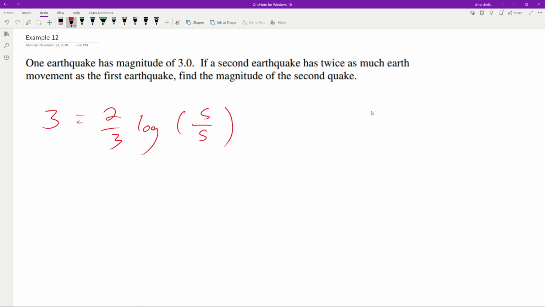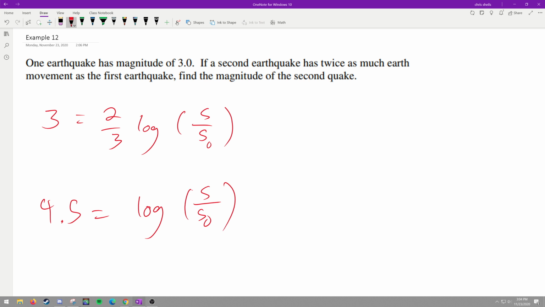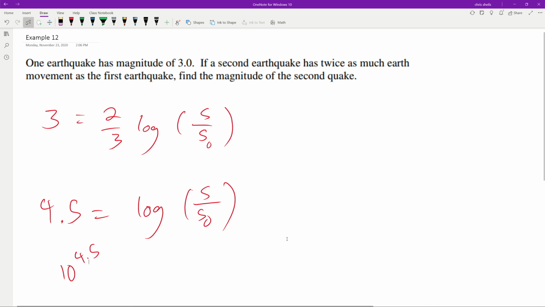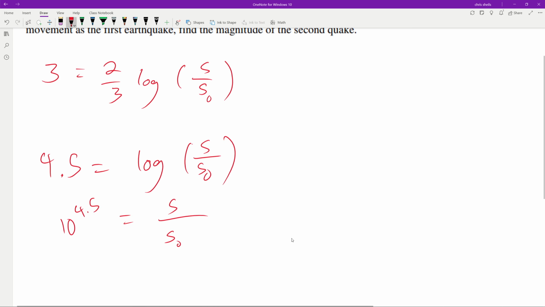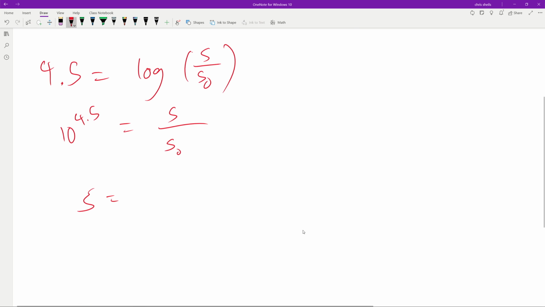If I wanted to solve for s here, I multiply both sides by 3/2, so 4.5 on the left-hand side equals log of s over s naught. Exponentiating, I get that 10 to the 4.5th power is equal to s over s naught, or s is equal to 10 to the 4.5th times s naught.